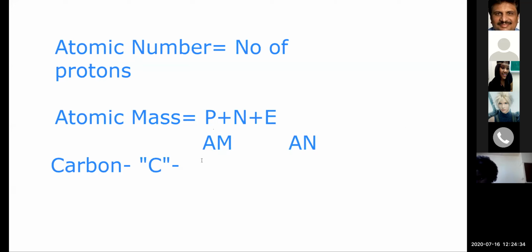In case of carbon, the atomic mass is 12 and atomic number is 6.